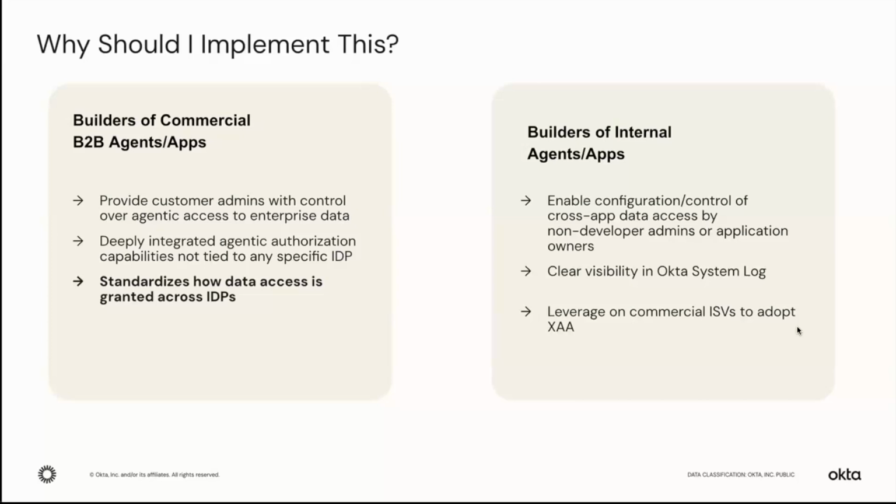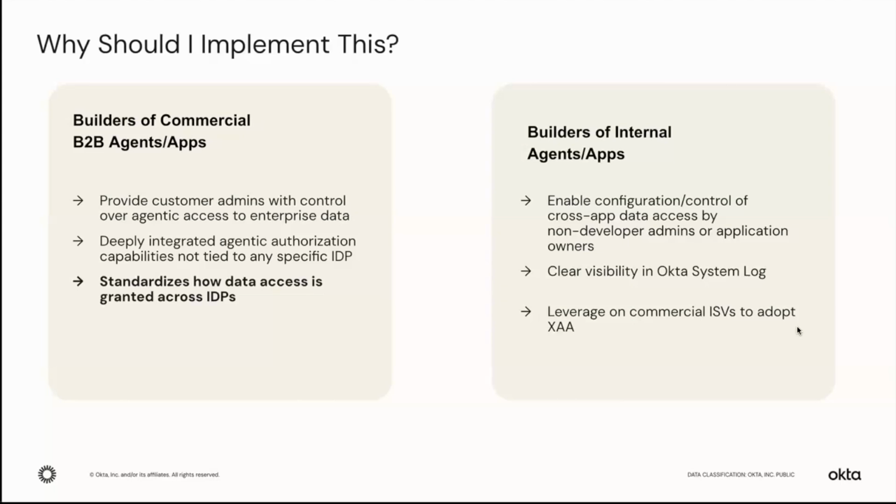Well, if you are a builder of B2B applications, so commercial B2B apps or agents, this will allow you to provide your customer admins with a way to control access for their agents across different applications and accessing different enterprise data within their ecosystems. Going back to my earlier grossly oversimplified analogy, this is sort of the equivalent of supporting SAML or OIDC for human identities.